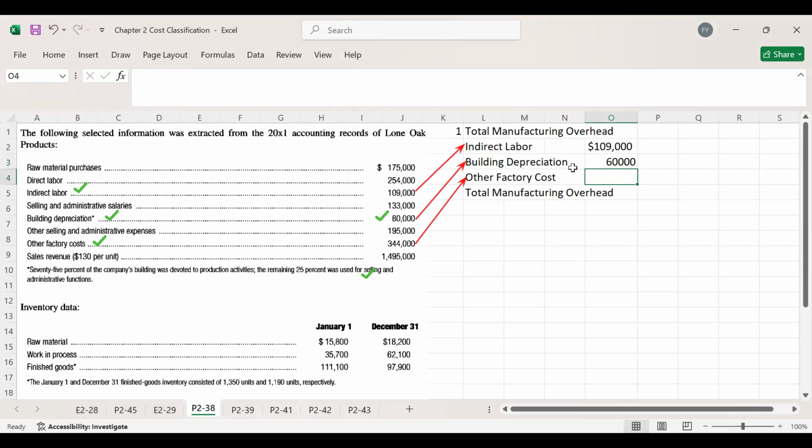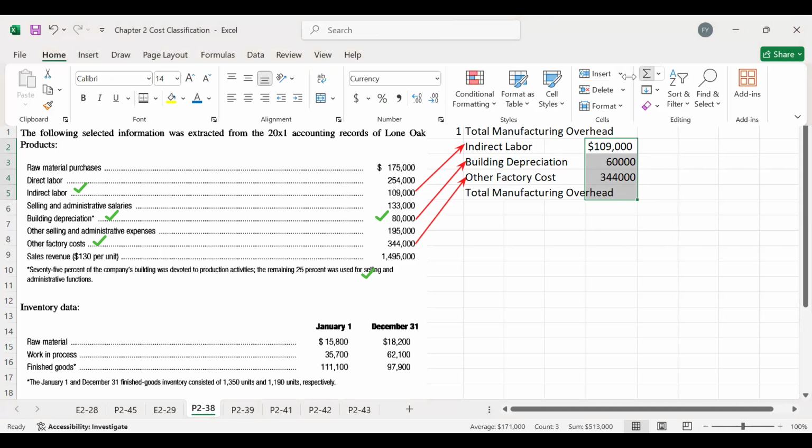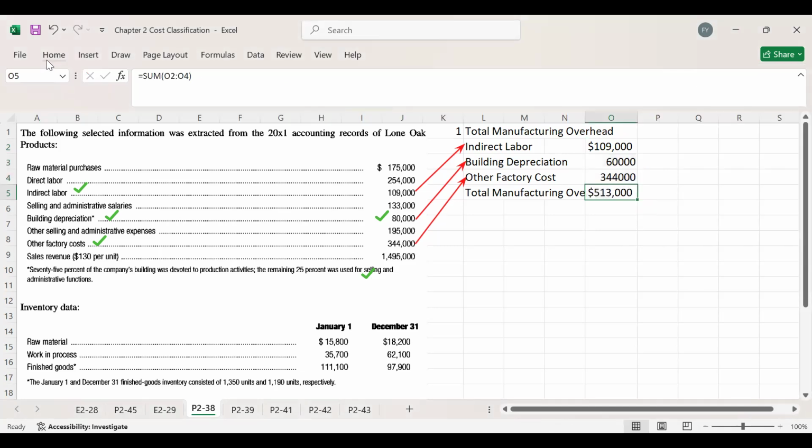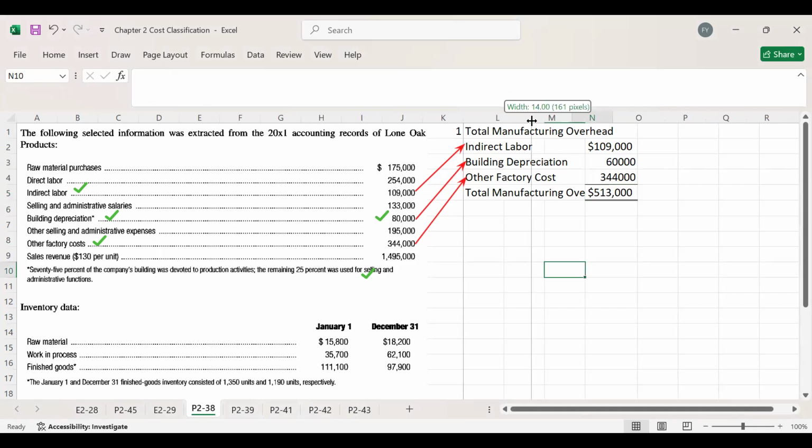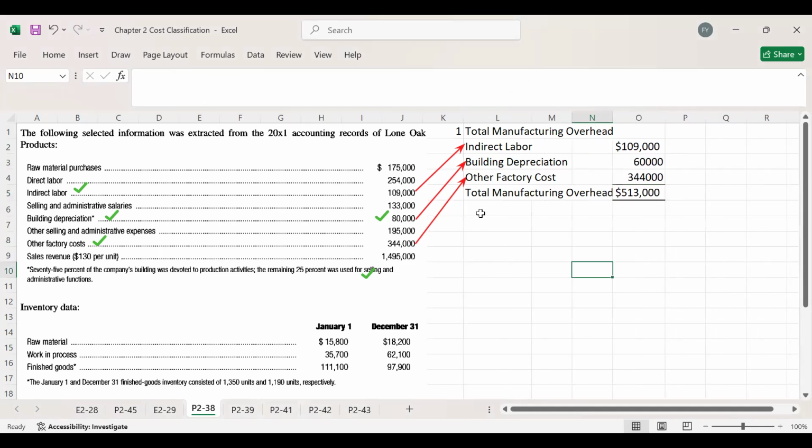So 60,000 is the part of manufacturing overhead, and other factory overhead is 344,000. So by adding all these, we get total overhead. So this is our first requirement, the calculation of total manufacturing overhead or total overhead.